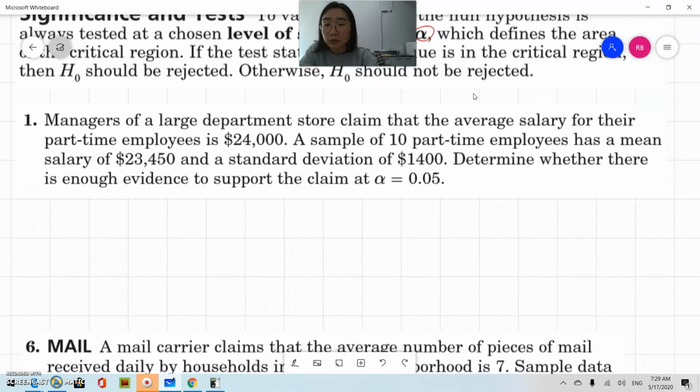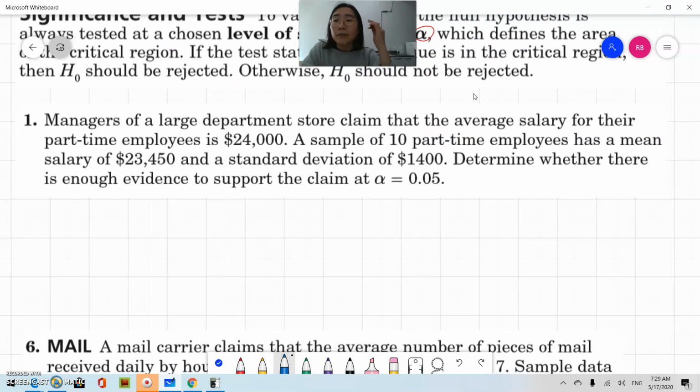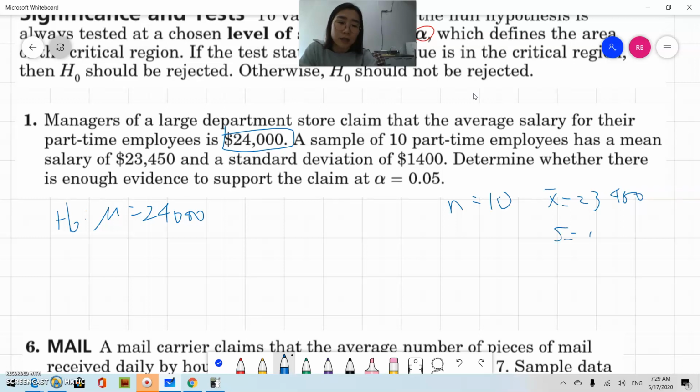So let's look at this question. The manager of a large department store claims that the average salary for their part-time employees is $24,000. So mu is the true average salary of their part-time employees in this department store. The null hypothesis would be mu is equal to 24,000. They got a sample of 10, which gave them a mean of this number, and the standard deviation is 1400.